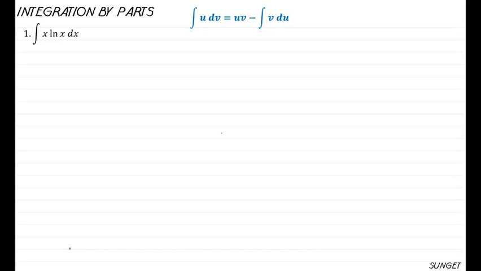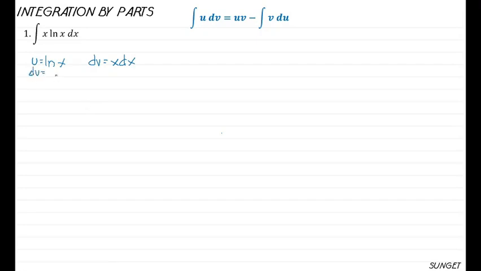So always remember that the dv part must be readily integrable, or it is easy to integrate. So for this example, let u equal to ln x, and dv is equal to x dx.